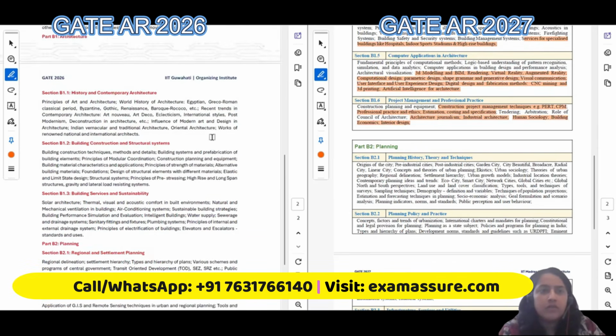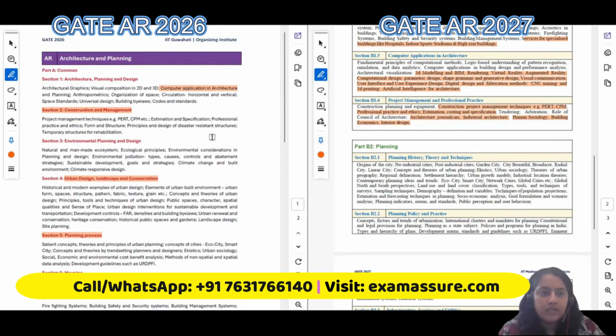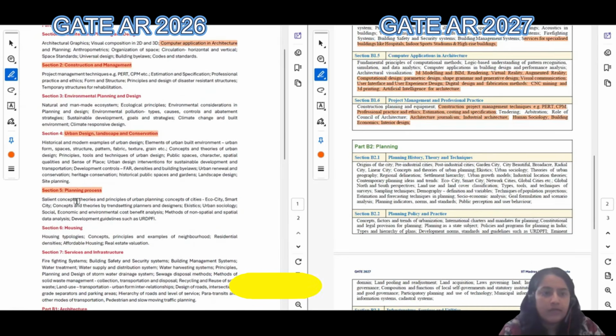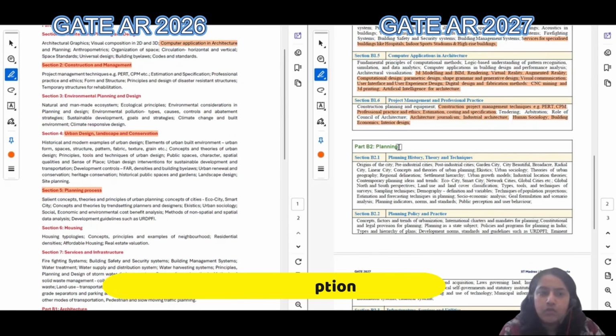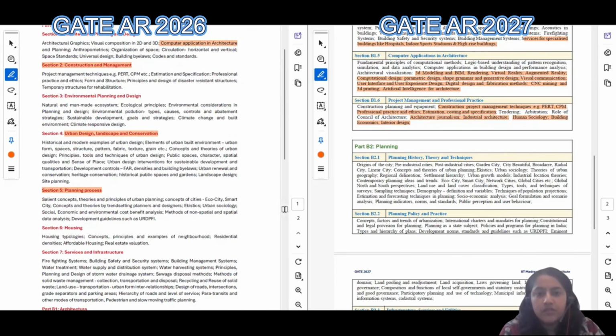So from the previous syllabus, part A, where you had planning process, this has been shifted to part B2 of planning in the new syllabus, along with, of course, a lot of additions. So the basics here again stay the same. Various concepts, like if you see eco city, smart city, etc., you will also find here in planning process.